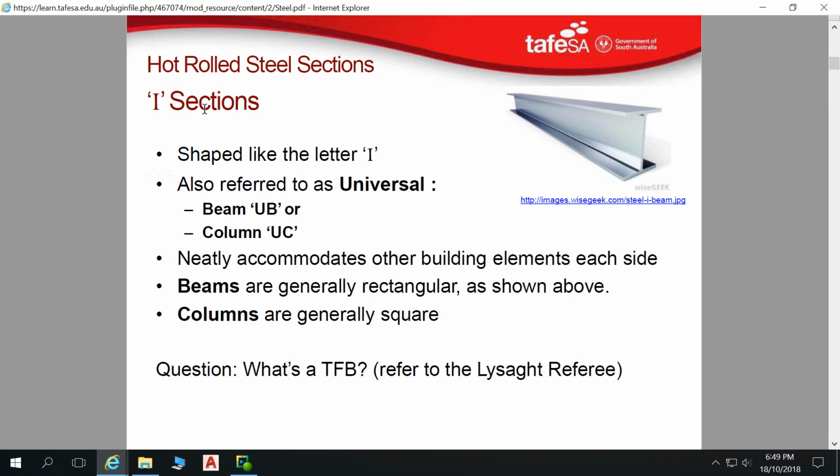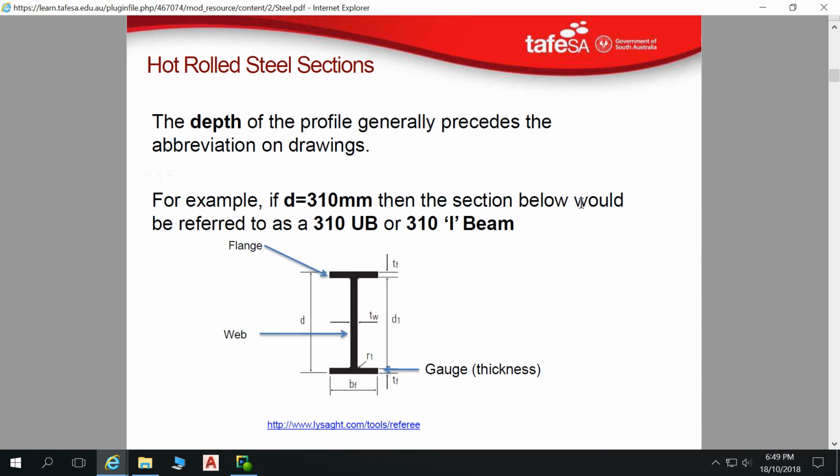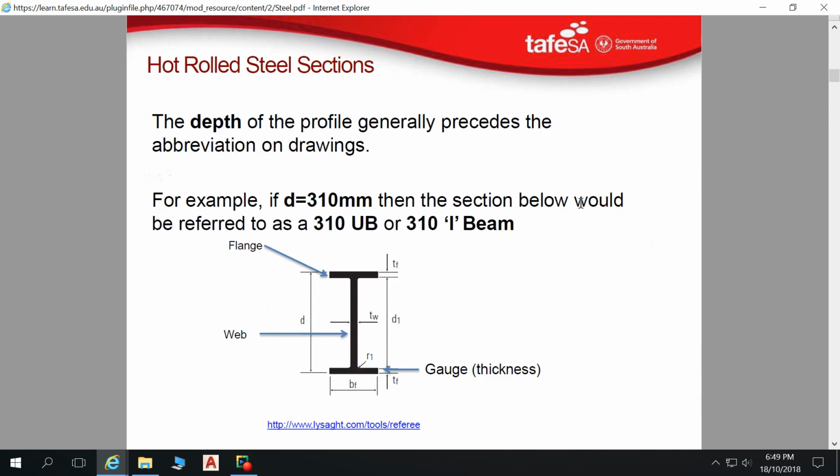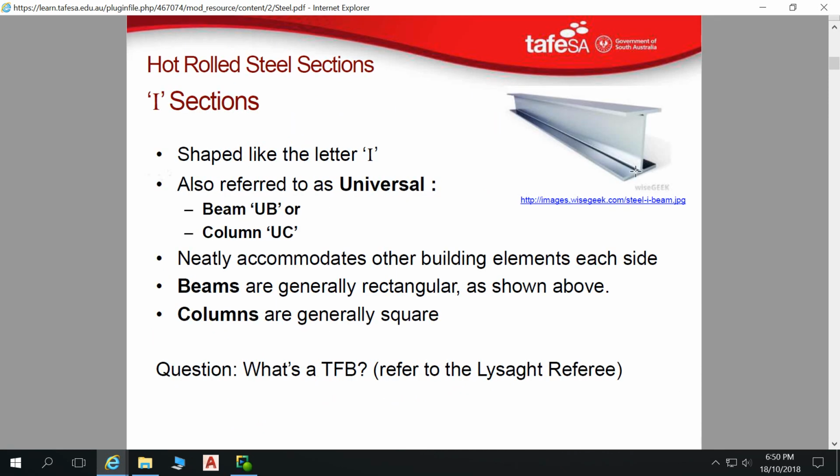The difference between a universal beam and a universal column is that with a universal beam, the web depth is a longer dimension than your flanges, either top and bottom flange, and this is your web here. Universal beam, it's much deeper. For a universal column, do we have a universal column? No, we don't have any UCs here. What's that? With a universal column, our flanges are the same width as our web, so very square in cross section.